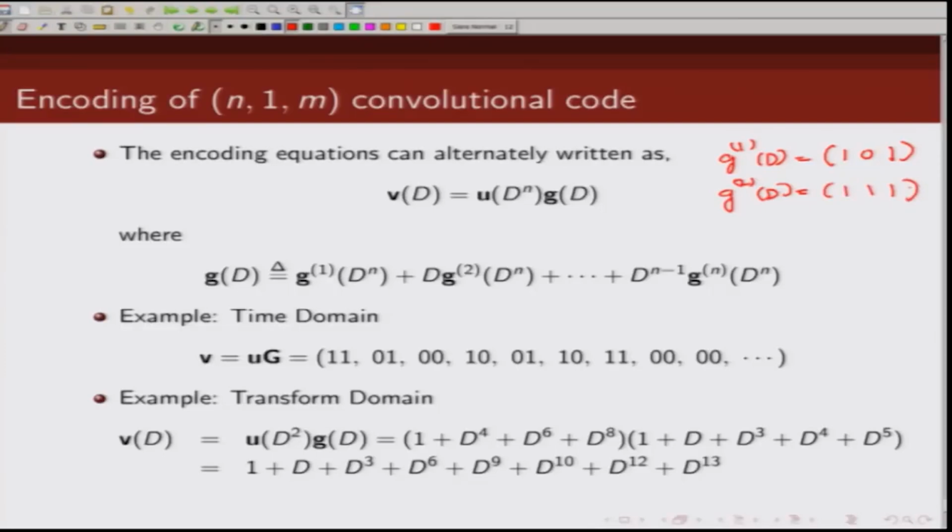So, in many books, when they describe the convolutional encoder for this, they will write it as a 5-7 code, because the octal notation of this is 5 and of this is 7. In many places they will say it is a rate 1/2 5-7 code, and what it means is they are specifying the generator sequence using this octal notation.